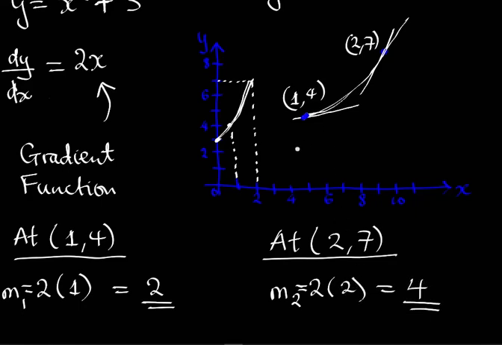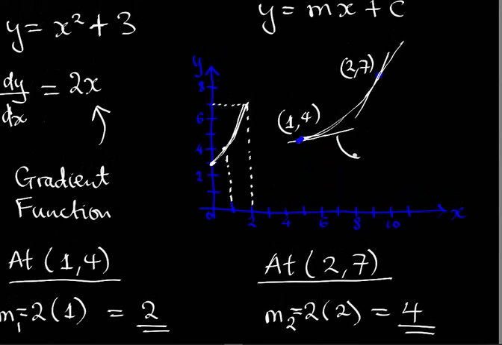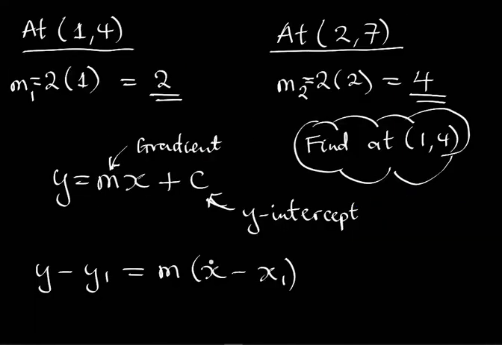Notice our gradients are not the same because the gradient is changing when we have a curved path. This looks very, very simple, but notice something. In this diagram I drew here, this line here is the tangent. Therefore, with this simple principle, we can find the equation of this tangent. How, you may ask? Now, notice here, since we are finding the equation of the tangent at (1, 4), we have the values of x1 and y1.